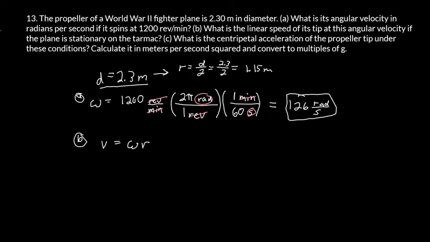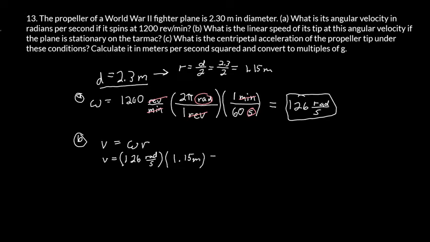And now I can come down to my linear velocity equation. That's going to be equal to omega, where I plug in 126 radians per second, times the radius that we calculated by doing the diameter divided by 2, which is 1.15 meters.